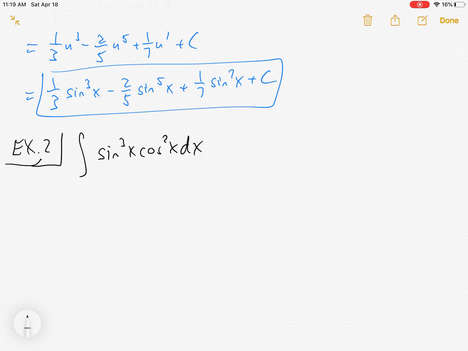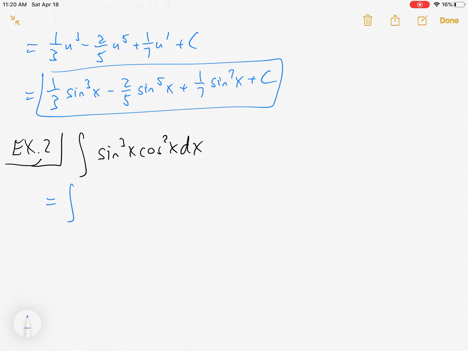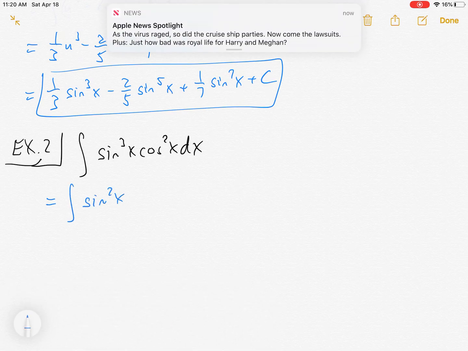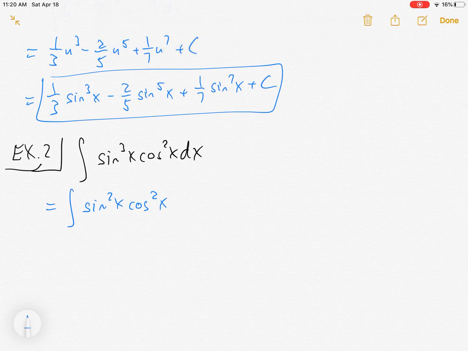This is example 2. The integral of sine cubed x cosine squared x dx. So who should I pluck this time?